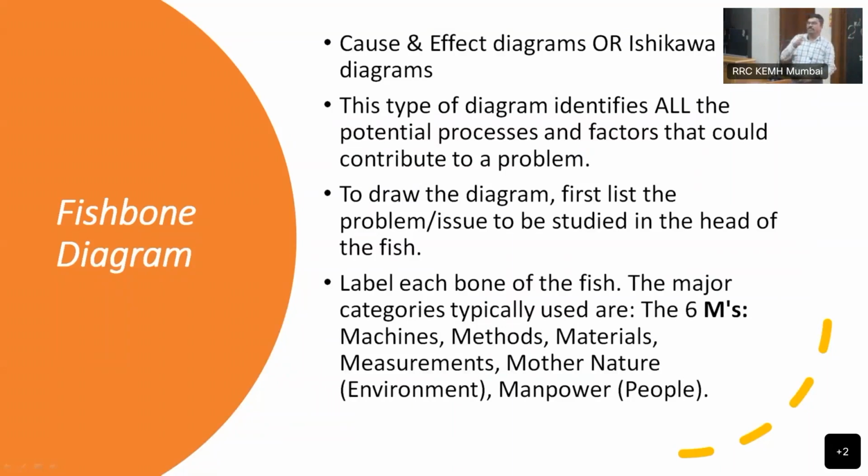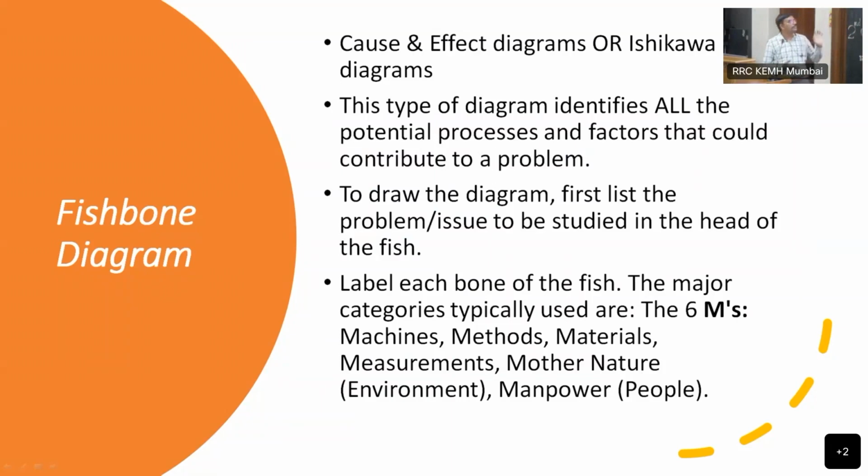Take a simple problem, imagine an IQC outlier or an EQAS outlier. Is it an error of the machine, an error of manpower, an error of method, an error of material, or of mother nature, meaning the environment, or of measurement? Okay? So those 6 you have to bucket those reasons into these 6 buckets. Put all the reasons possible and find out which could be the reason for this.